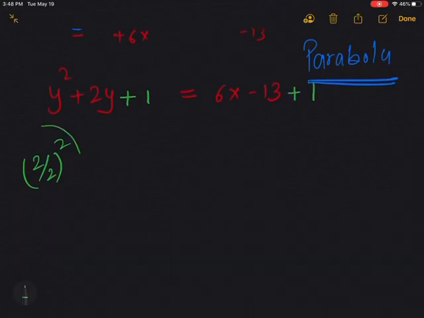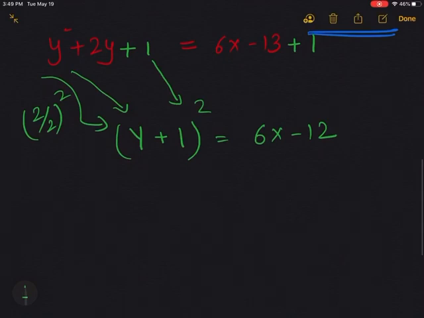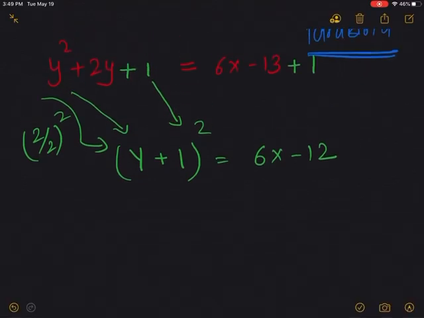Now complete the square. Remember, we get the first number from the first term, the second number from the last term, and borrow the sign from the original middle term, and just put a square. On the other side, combine, it's 6x minus 12. Now we're almost there. The left side is already a perfect square, but this one isn't. The x part should have h and k in there, and x needs to be by itself.